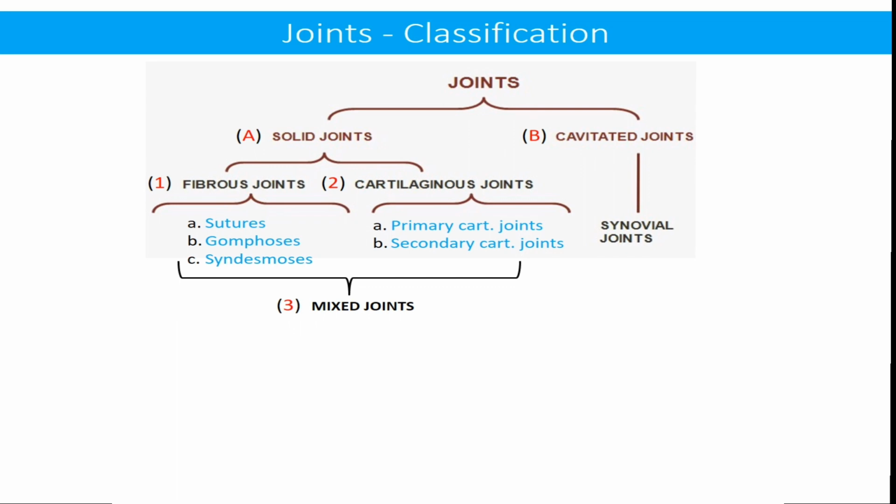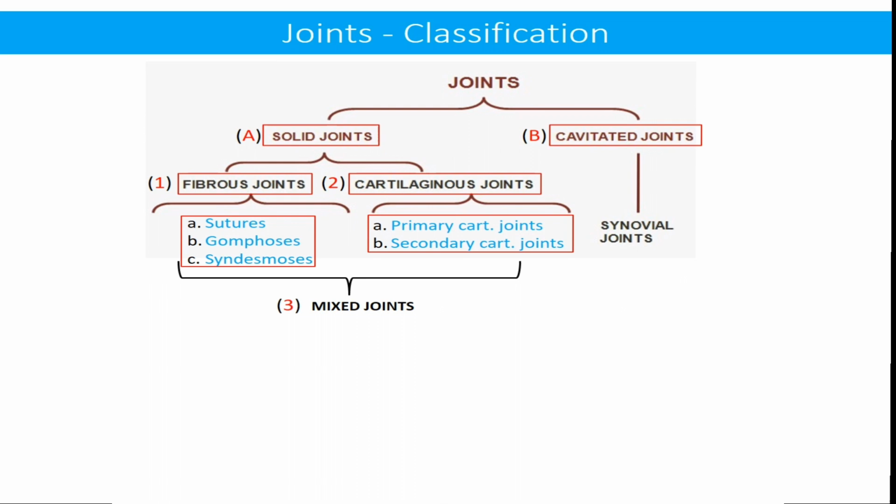As earlier said, joints are divided into two main groups, solid joints and cavitated joints. Solid joints are further divided into fibrous joints and cartilaginous joints. Fibrous joints have three groups, that is sutures, gomphoses and syndesmoses, whereas cartilaginous joints are divided into two main groups, primary cartilaginous and secondary cartilaginous. If a joint has both the components of fibrous and cartilaginous joint, that is classified as a mixed joint.